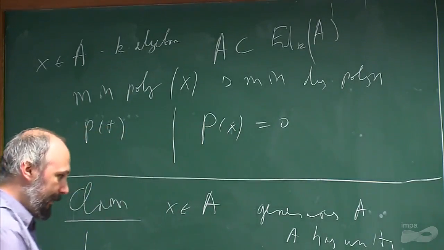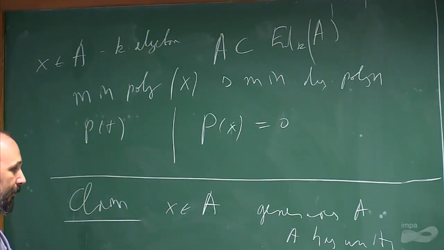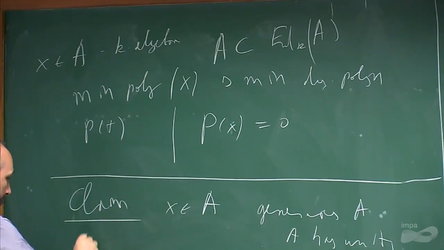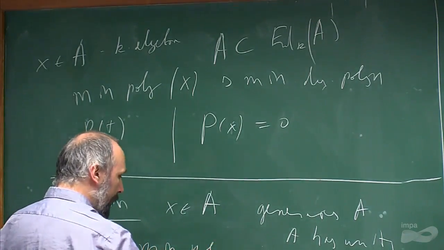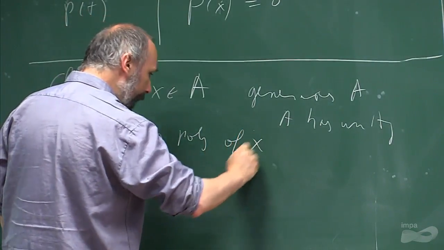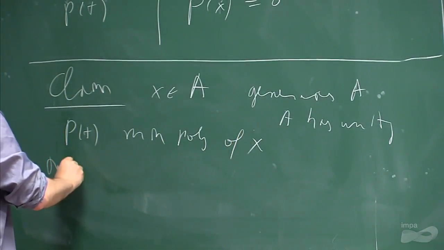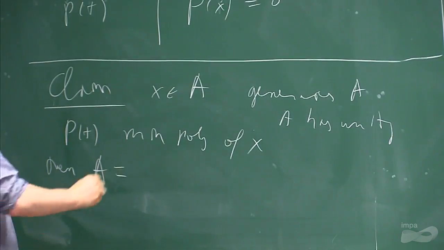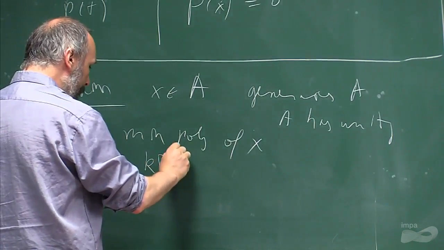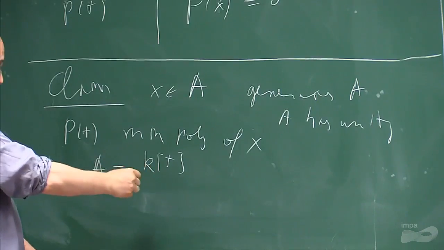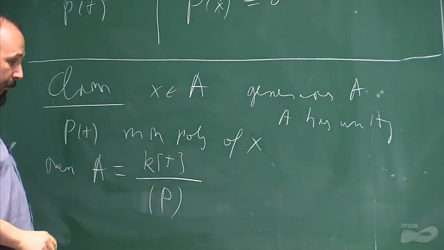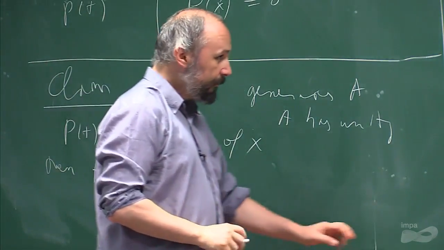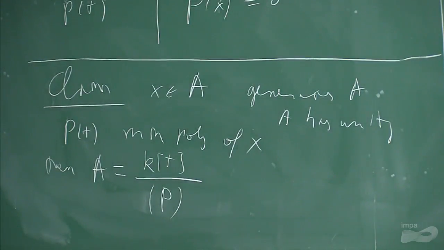Not sure we need that, but let's assume that for simplicity. And P of t is the minimal polynomial of x. Then A is K of t, the polynomial ring, quotient by the ideal generated by P. Let's prove that.